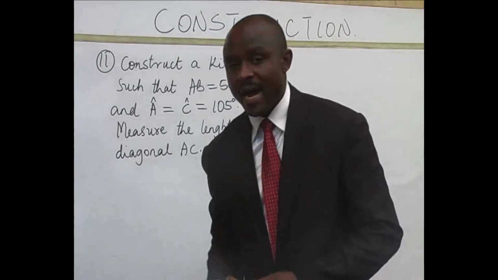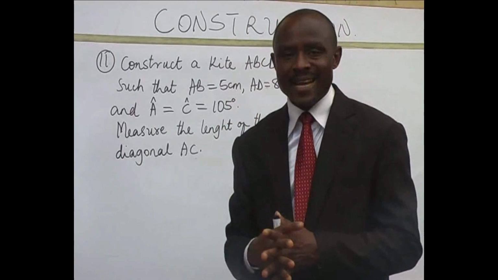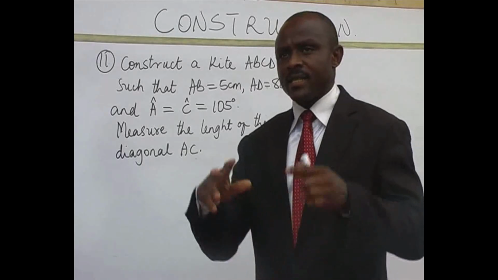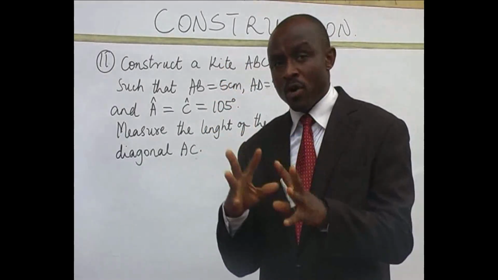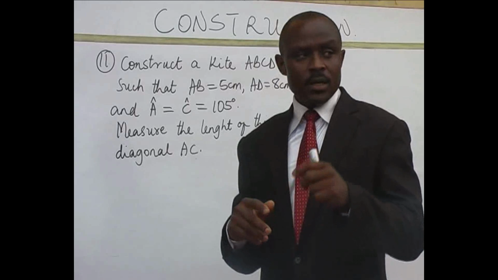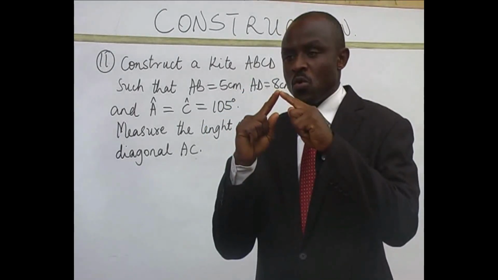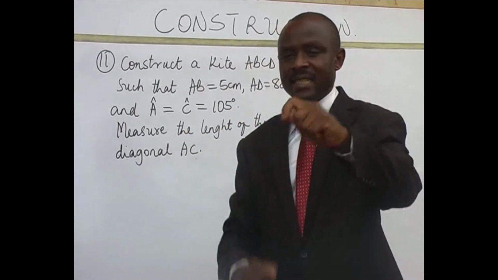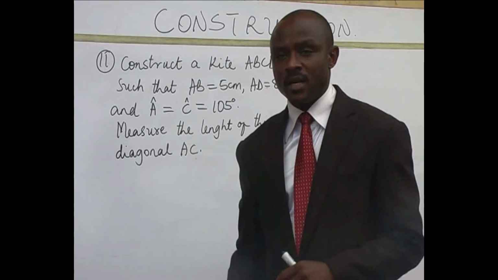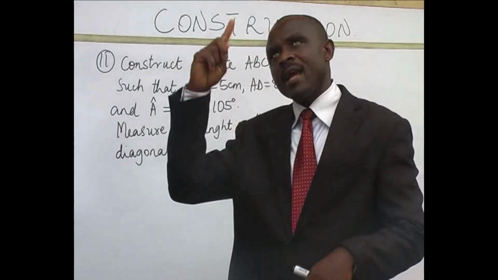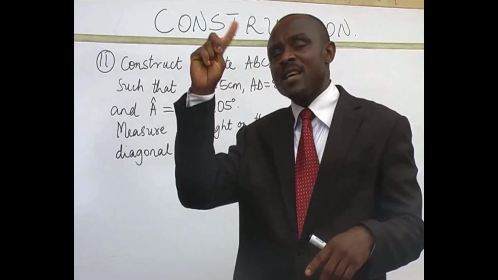You may not have heard about the figure called kite, but it is a common one we used when we were boys. We call it paper kite. We'll construct it and attach a very long rope to it. If you throw it to the air, it will fly and it will be moving as if it's an aeroplane.